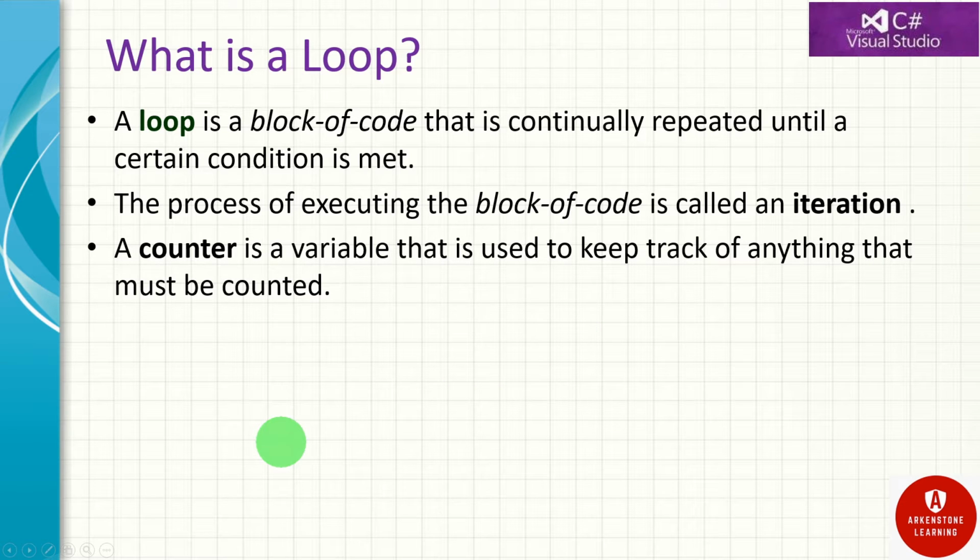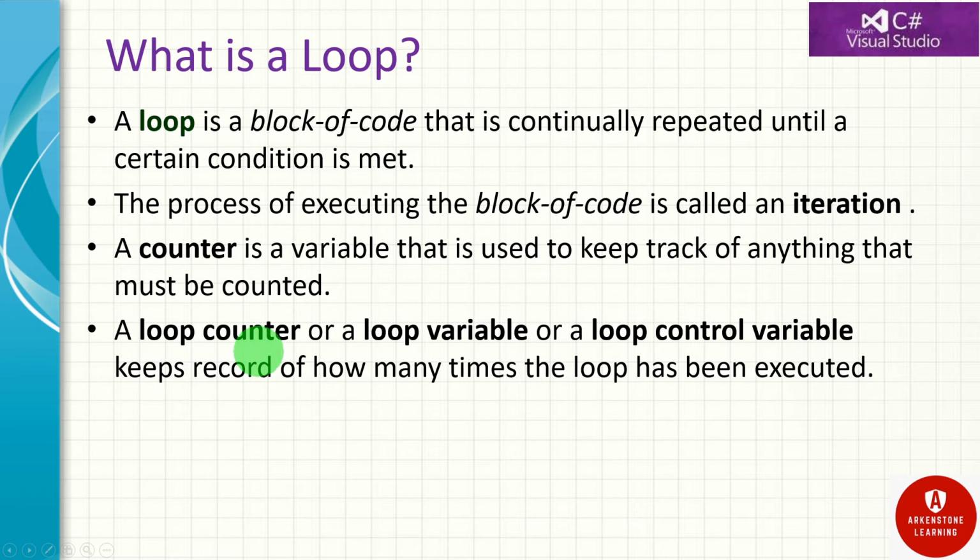There are a couple of things we need to understand regarding a loop. You will hear about them a lot while we are going through loops in C Sharp. So first one is a counter. A counter is a variable that is used to keep track of anything that must be counted.